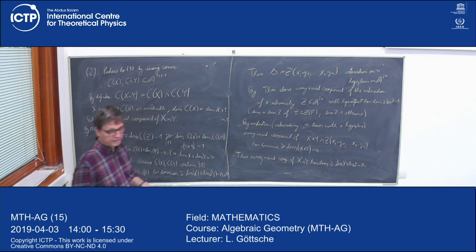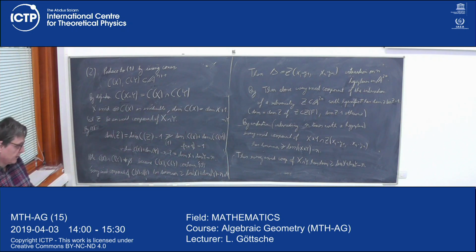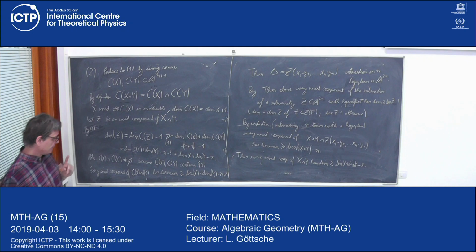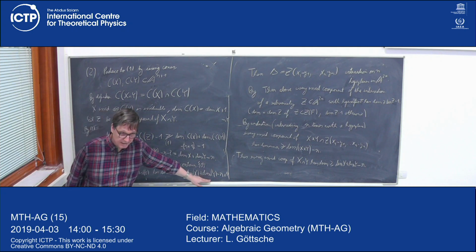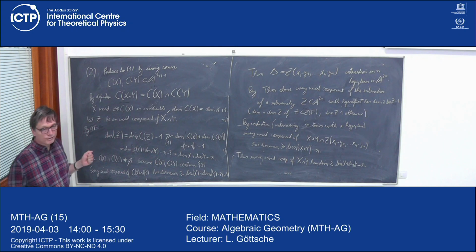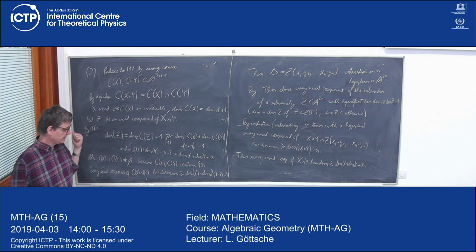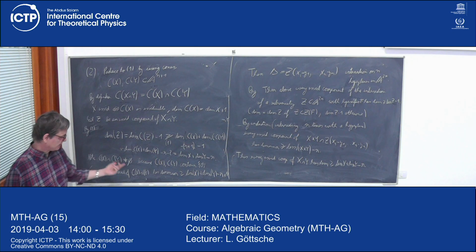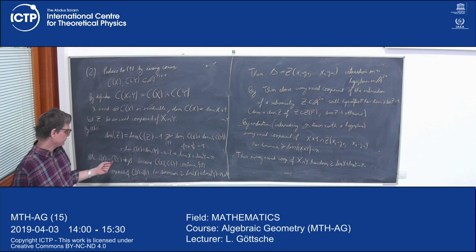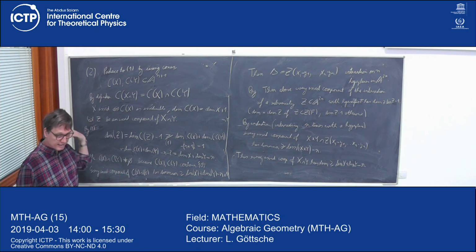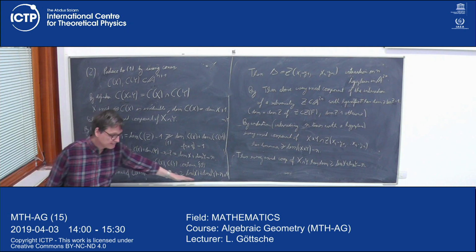I'm just seeing it in a different way. So every irreducible component of the intersection has at least this dimension. In addition, this wouldn't really necessarily say anything by itself, because if we just have this statement, the intersection could still be empty. There might be no irreducible component of the intersection. But we know the intersection is not empty. So there are some irreducible components, and they have at least this dimension.